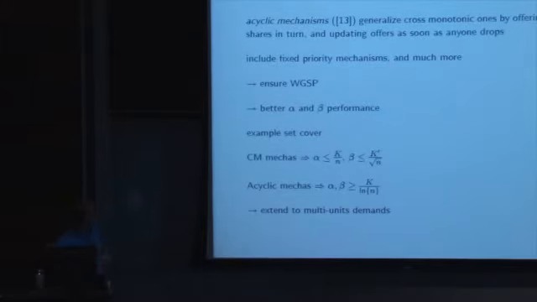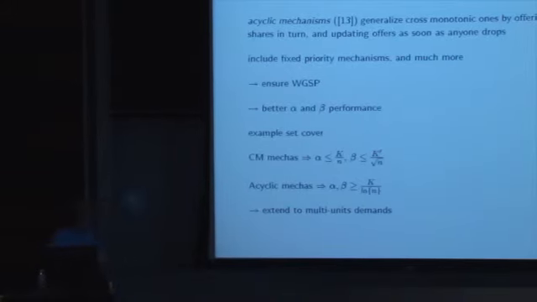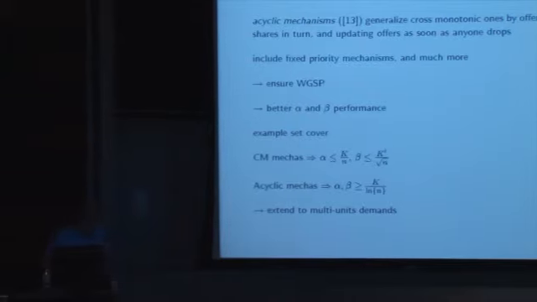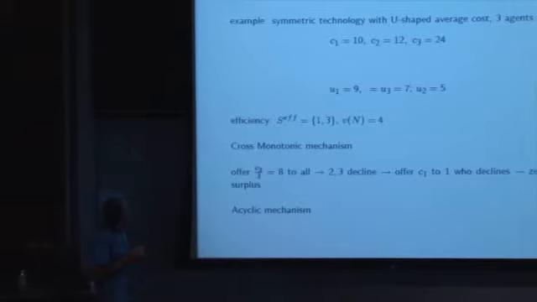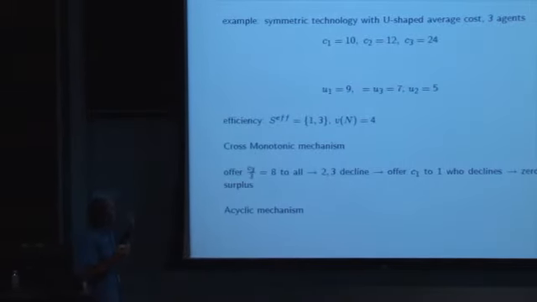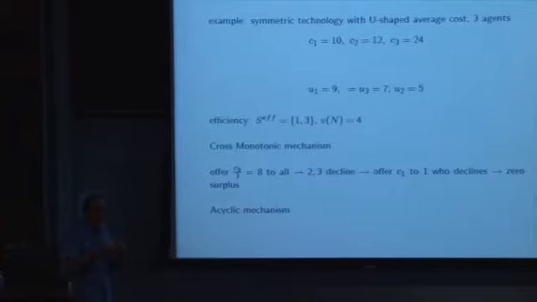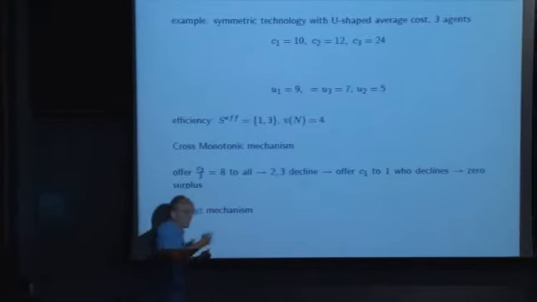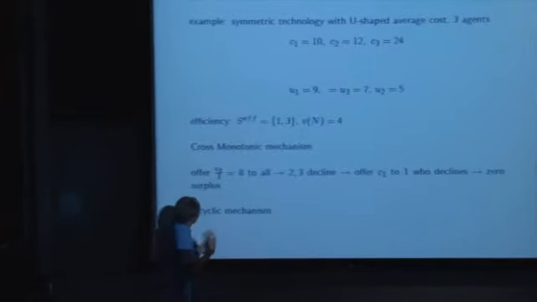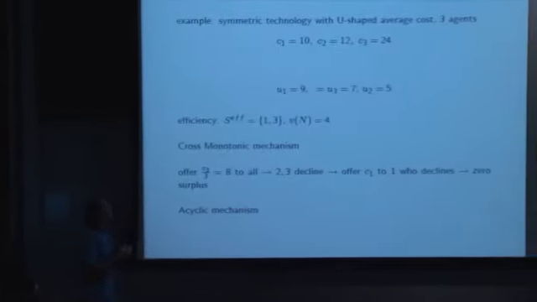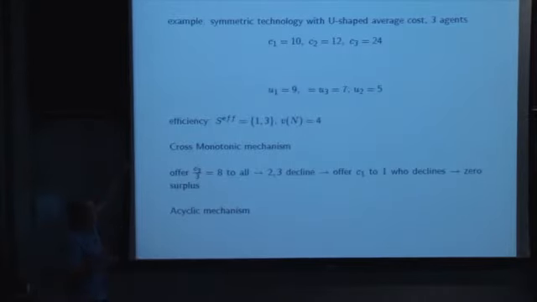But now Tim recently introduced a generalization of cross-monotonic mechanisms, which he called the acyclic mechanisms. It's a very natural modification of the type of things I was presenting, because it simply uses the same idea of offering successive units at successive cost, which will be increasing, but adjusting the cost share.